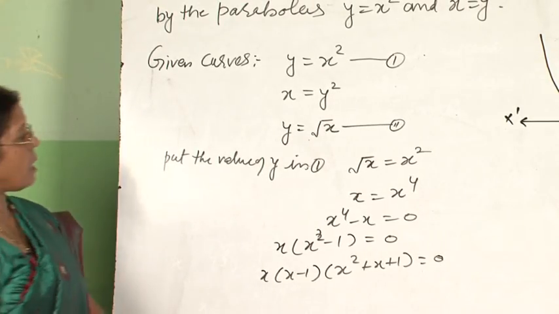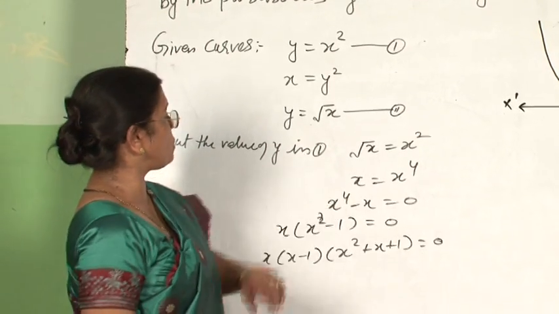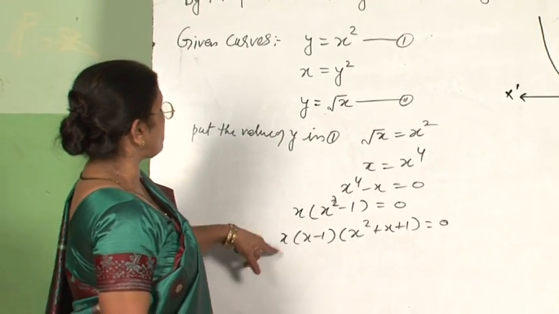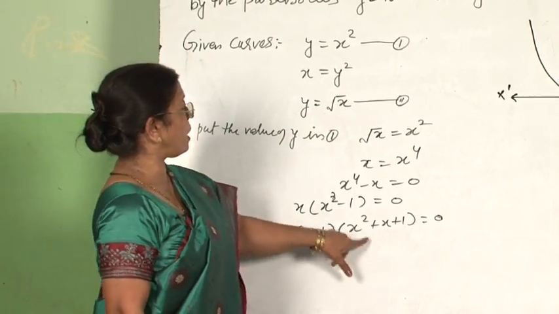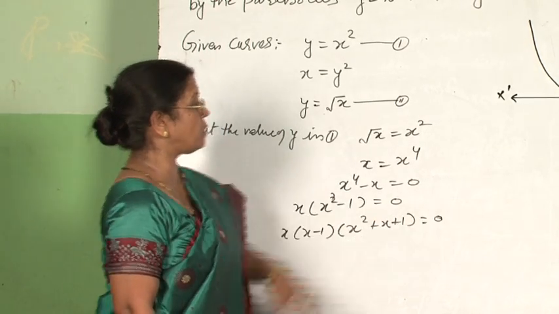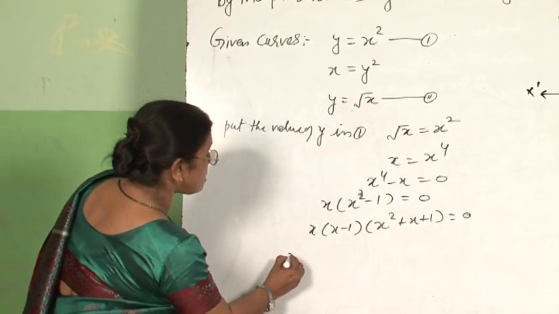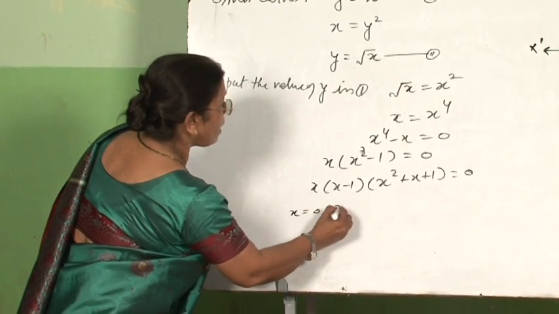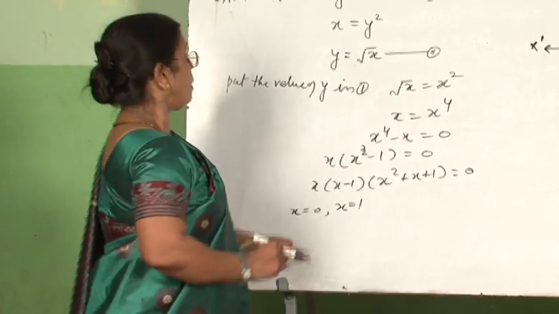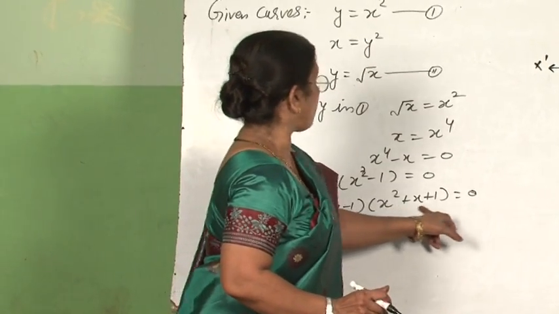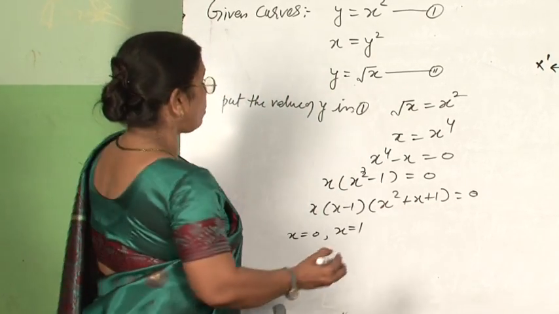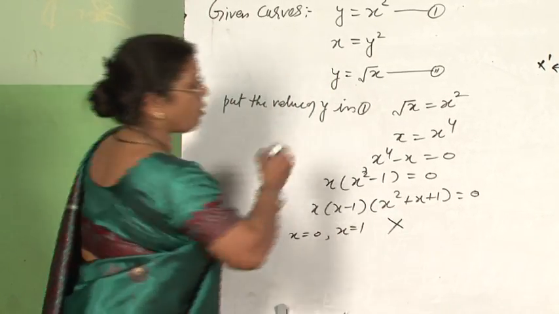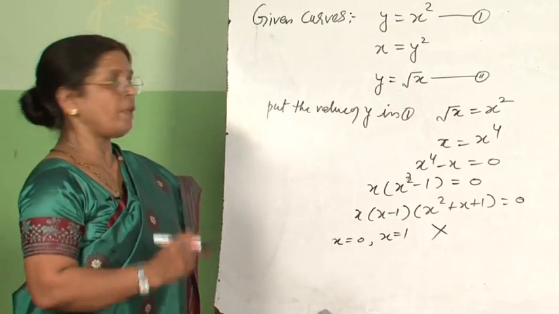So it becomes x to the power 4 minus x is equal to 0. So the factors are x, x minus 1, x square plus x plus 1 is equal to 0. So here x is equal to 0 and x is equal to 1, but this factor has no real roots, so we cannot find the value of x from this factor.